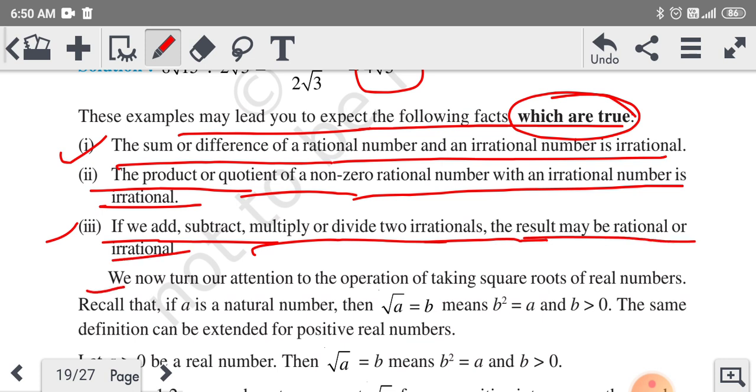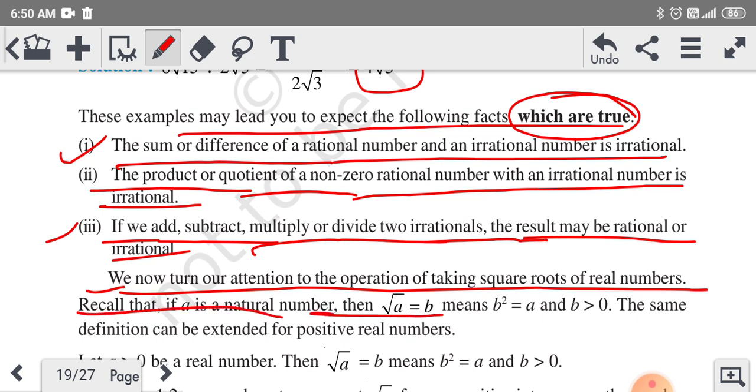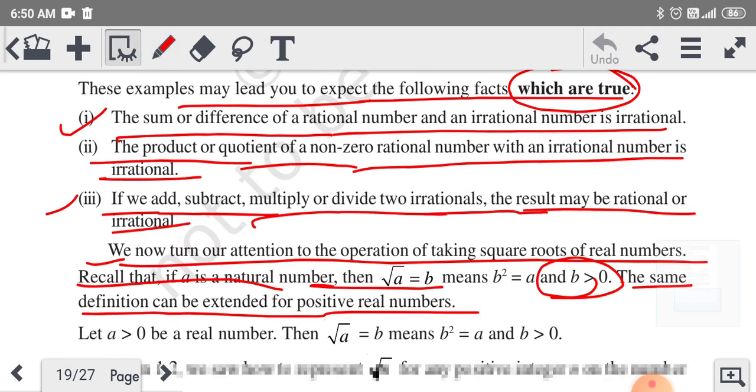We now turn our attention to the operations of taking square roots of real numbers. Recall that if a is a natural number, then √a is equal to b means b squared is equal to a and b is greater than 0. The same definition can be expanded for positive real numbers.